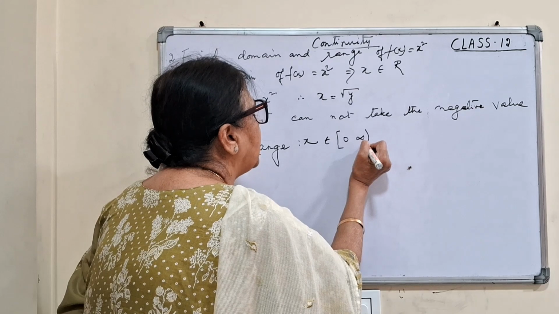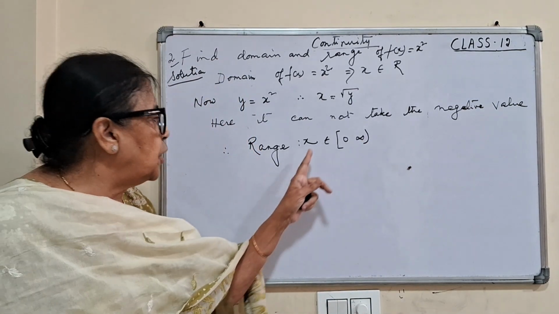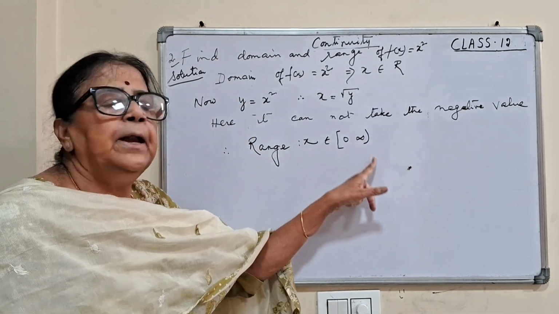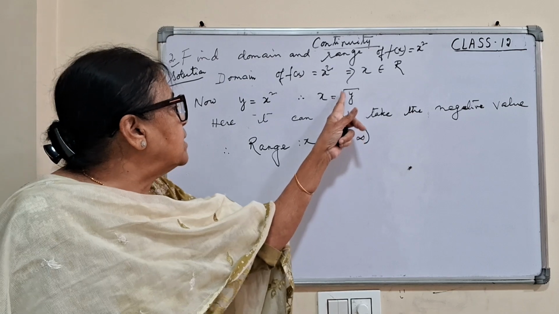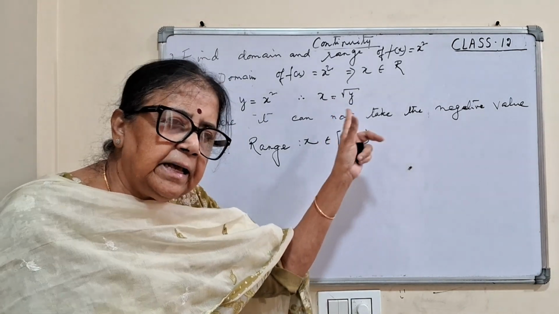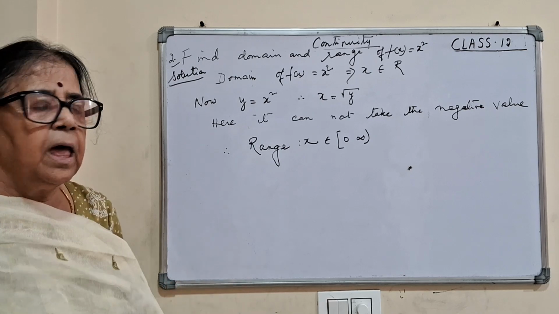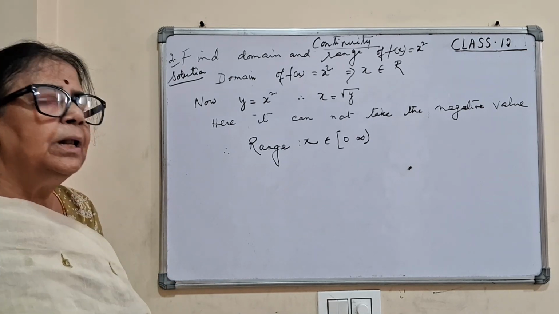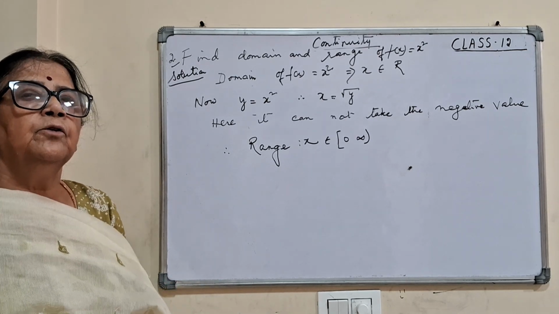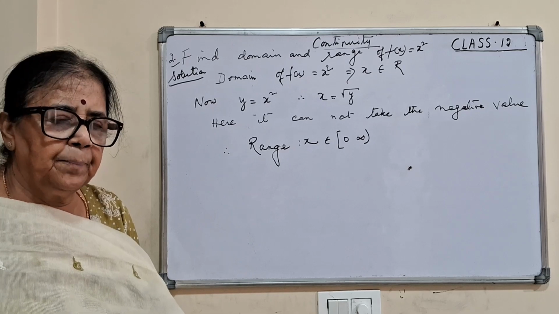Infinity cannot be a closed bracket, so it is a closed bracket and an open bracket. It can take the value of 0, but no negative value. Okay, so gradually we will be moving to a more difficult one.